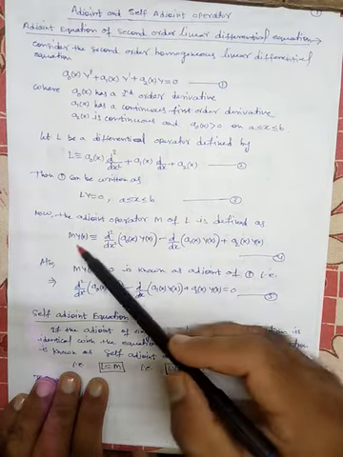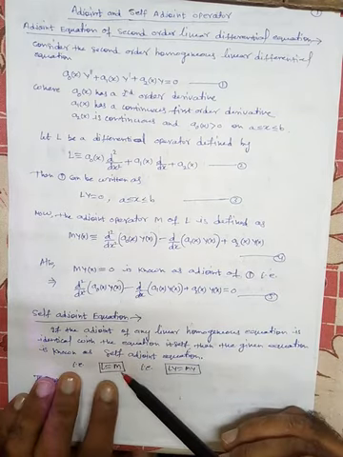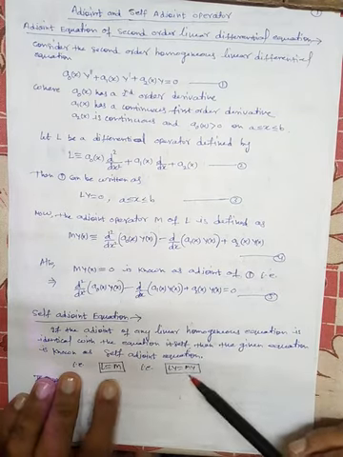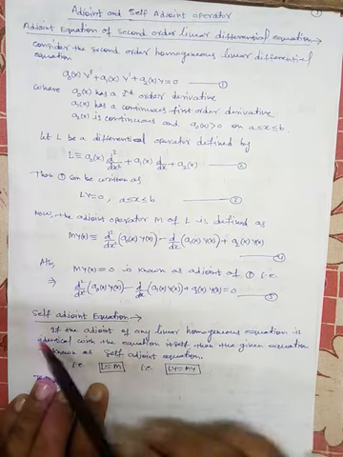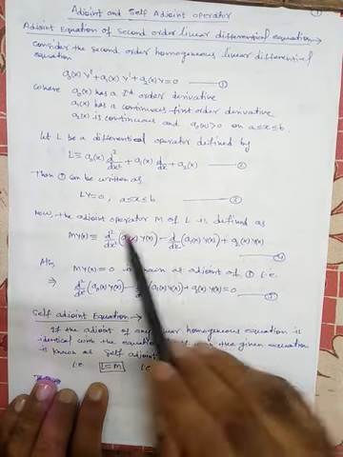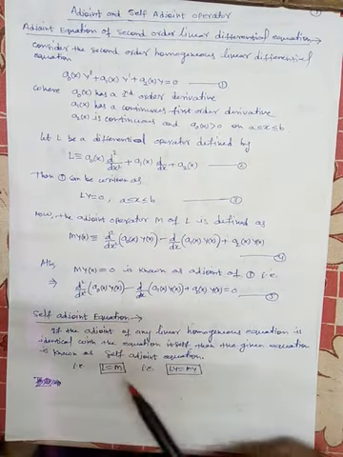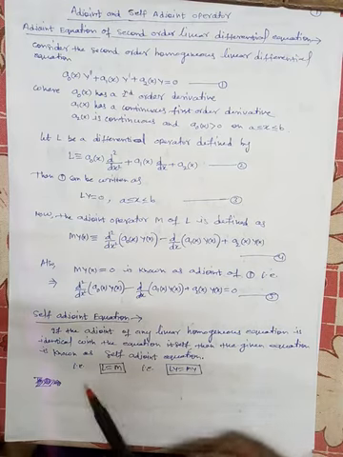So if Ly is equal to My, that means L is equal to M, then we can say that the equation is self-adjoint. When the adjoint operator is exactly the same as the differential operator L, the corresponding equation will be self-adjoint.